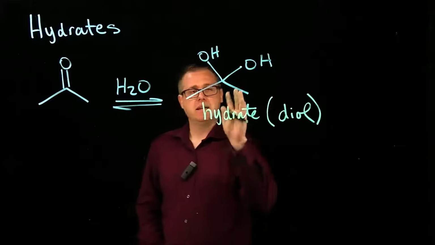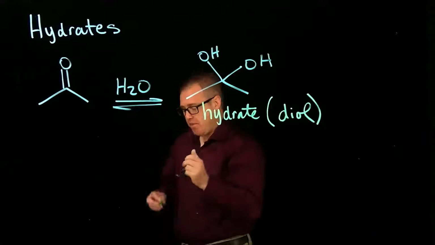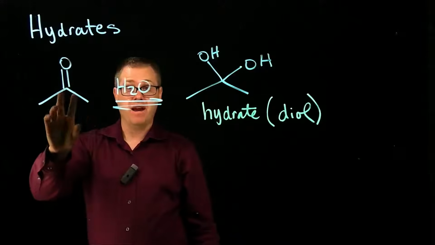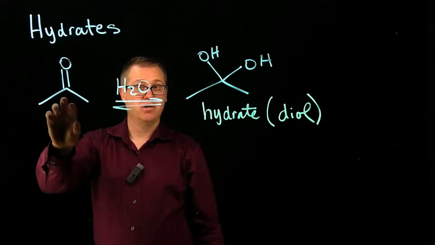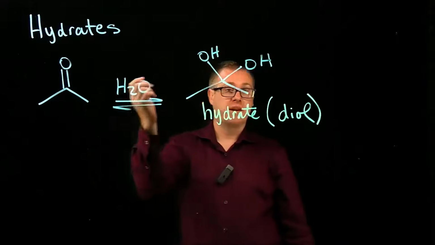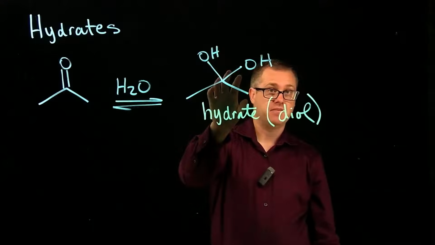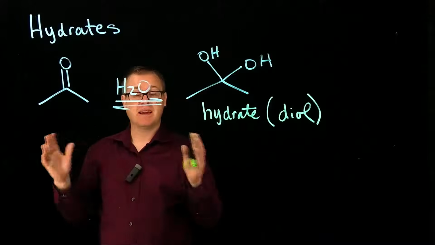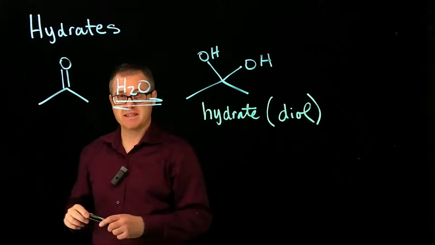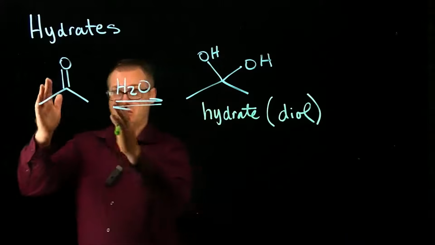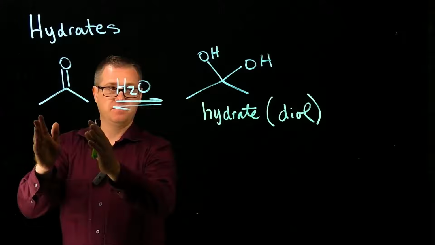So what we have is a hydrate. What happens is when we take a very, very simple ketone or aldehyde and place it into water, equilibrium favors the hydrate. But when we get into a more complex aldehyde or complex ketone and you place it in water, the reactant is favored.